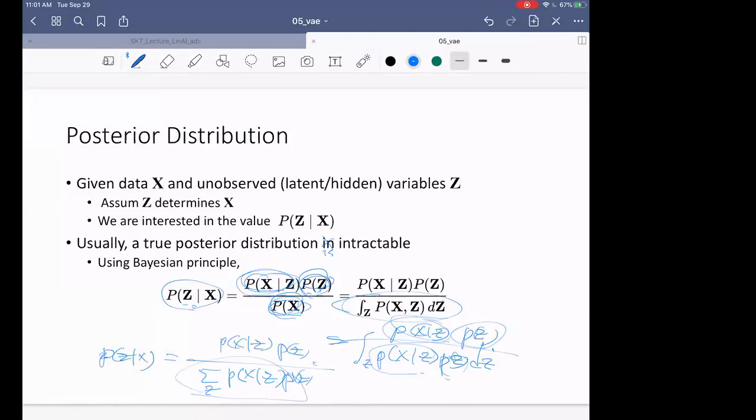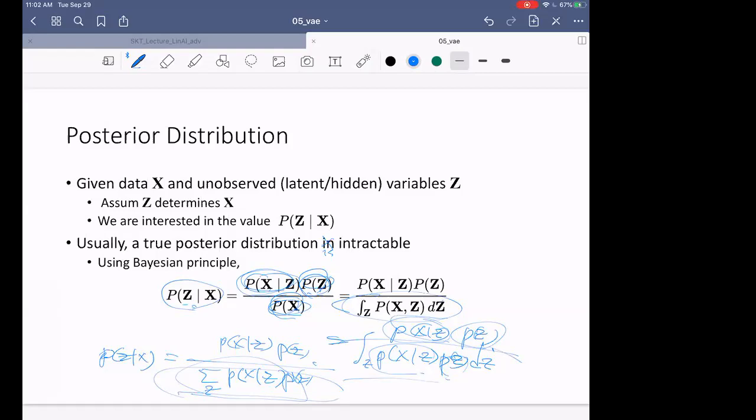But if z can take a lot of values, like if z is a high-dimensional variable, even if it's a discrete variable, then this quickly becomes a burdensome job. And if z is a continuous variable, then there's an infinite amount of values that z can take.